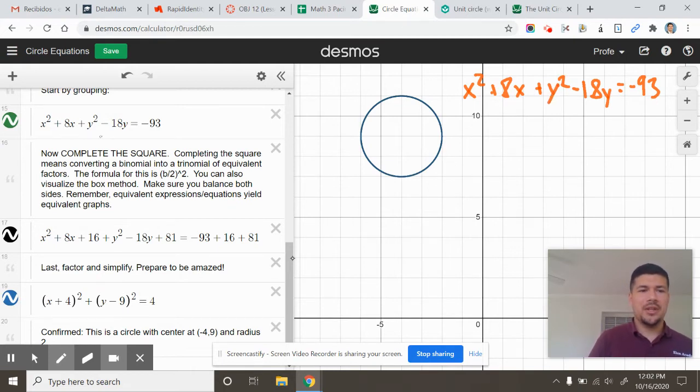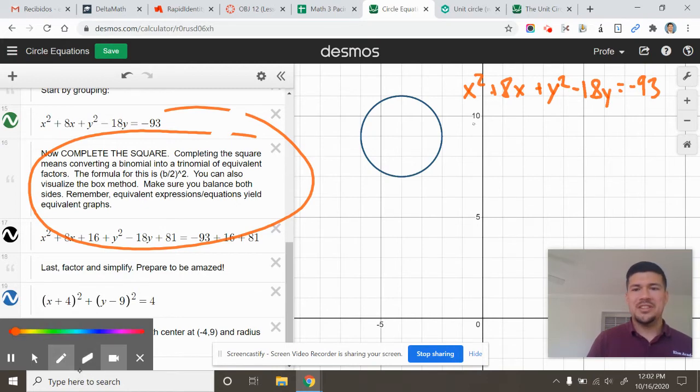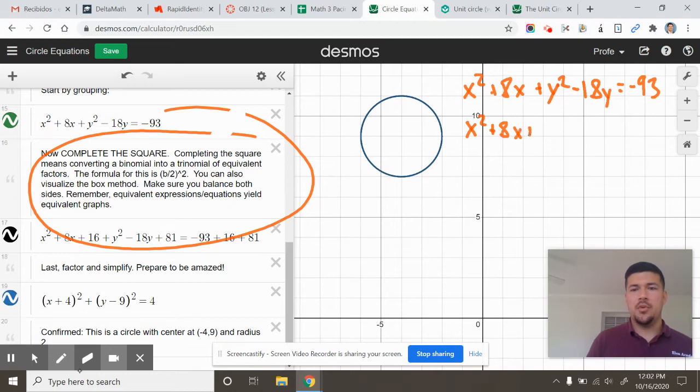The next thing that I'm going to do is really the biggest and toughest item to work with, and that is called completing the square. You're going to take each of these individual quadratics and write them as perfect square trinomials. In short, for x² + 8x, we're going to add a third number to make it a trinomial, like we're used to seeing quadratics.